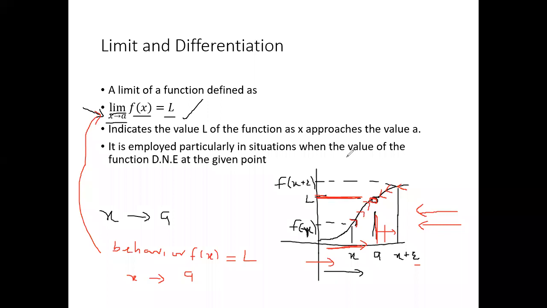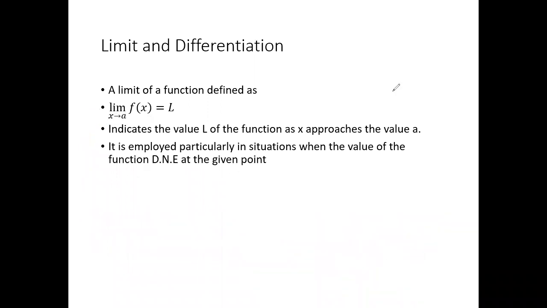Even though the value of the function does not exist, we can examine the behavior. Oh, the function is behaving to hit that particular value, even though at the point A, the value of the function will not exist.